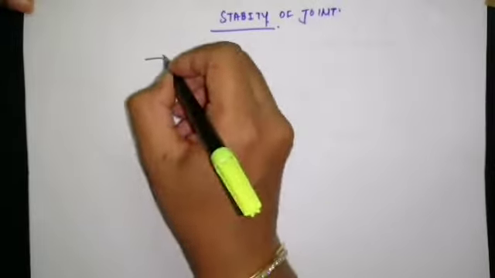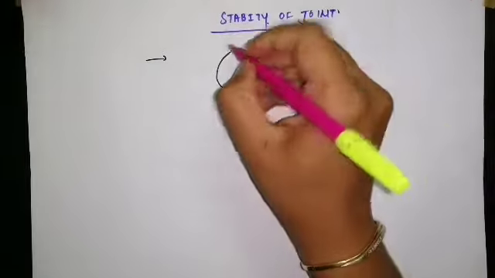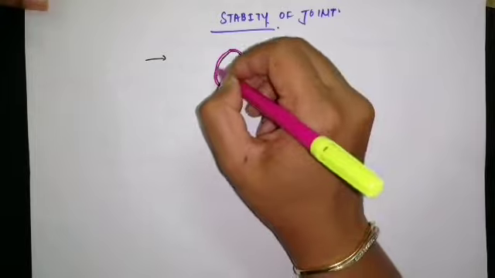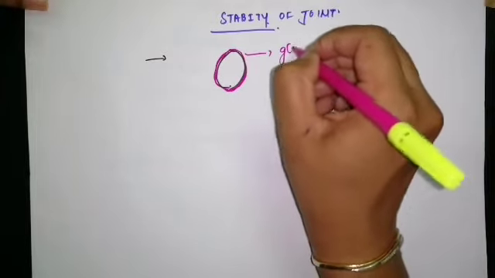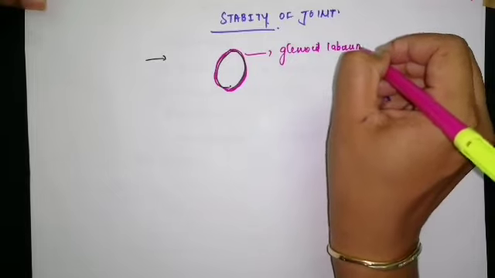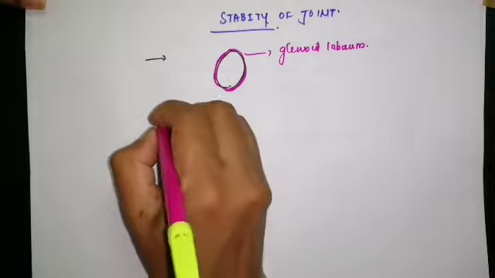So we know that this is the glenoid cavity. There is a fibrocartilaginous rim around the glenoid cavity, which is called the glenoid labrum. The glenoid labrum helps in deepening the glenoid cavity, and in a way it stabilizes the joint.